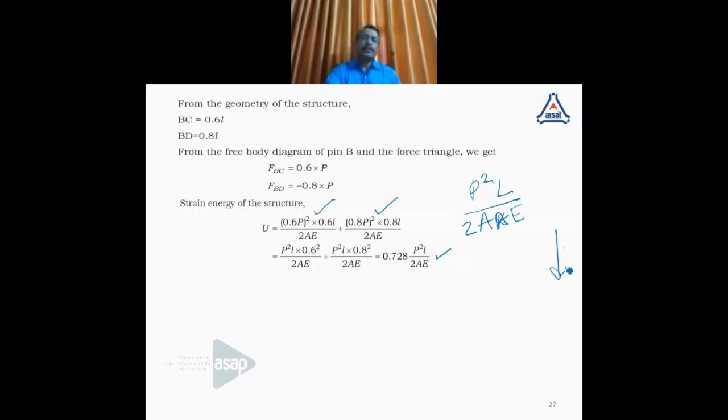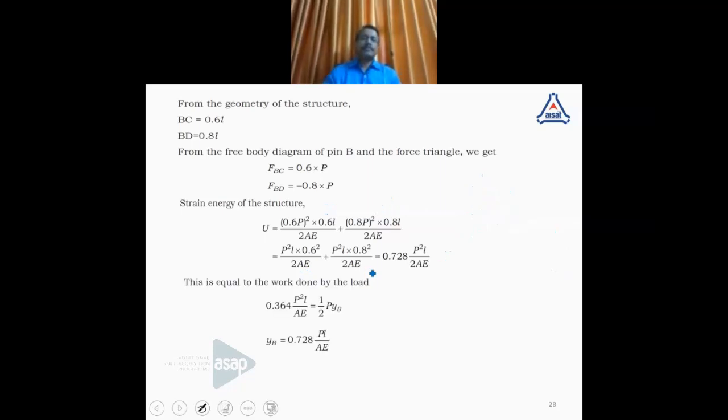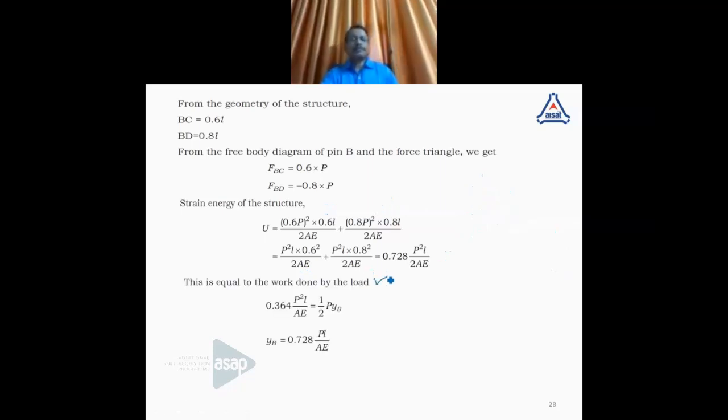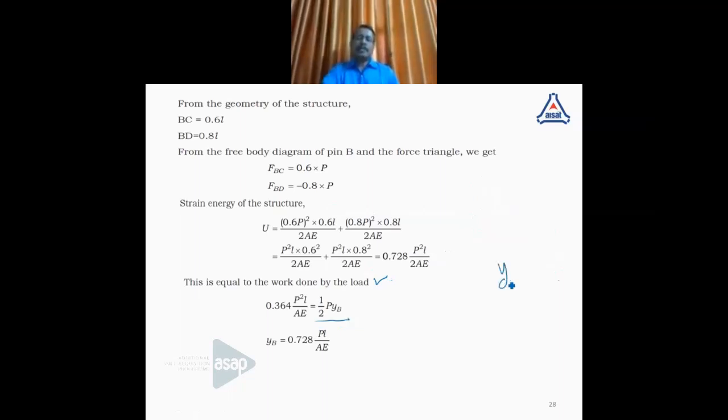This is the strain energy from the parts BC and BD, and this is equal to the work done by the load. Work done is half of P into Y, where the deflection at the point B is given as YB. YB is the unknown.